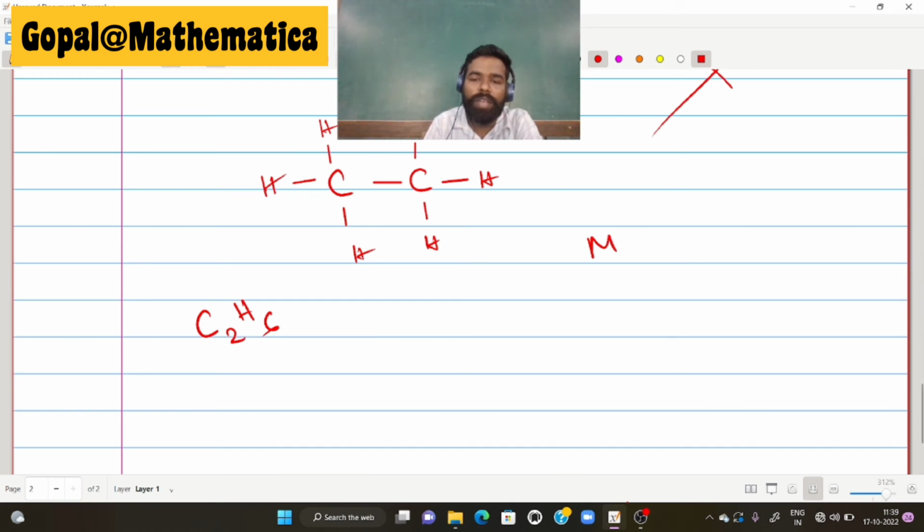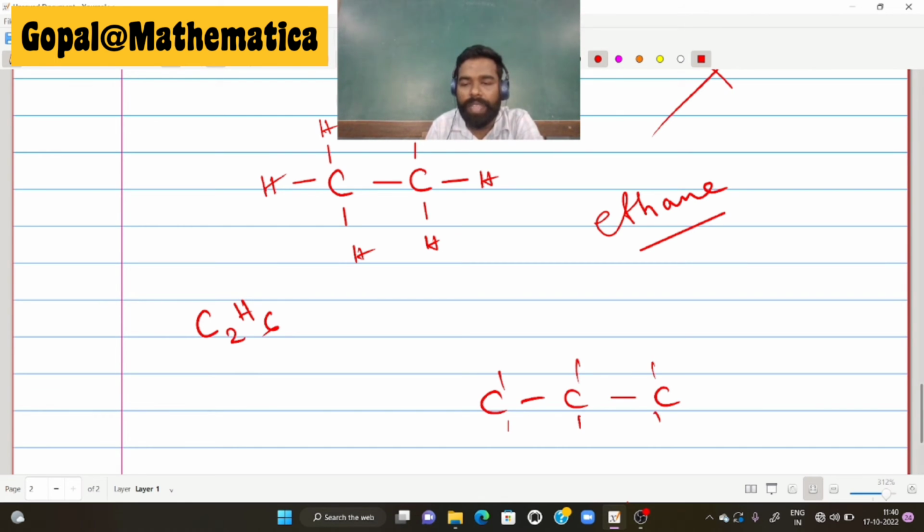C2 means two carbons, so we call it eth, and all are single bonds, so we can say ethane. Next, if I have three carbons and I place the bonds and give hydrogen in all the hands, then we can name this as propane.